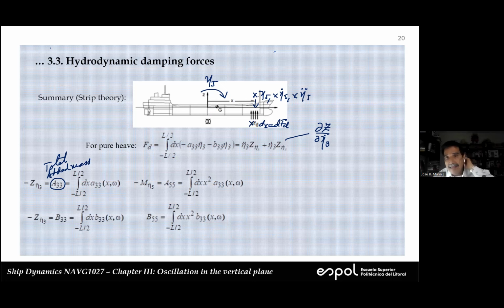So we have x, which is multiplied by eta 5 to calculate displacement, and we multiply that by x again to calculate moment. So we have x squared, and that's the reason why you have it here and here. But you can see immediately that we use the same A33 as for the heave problem.